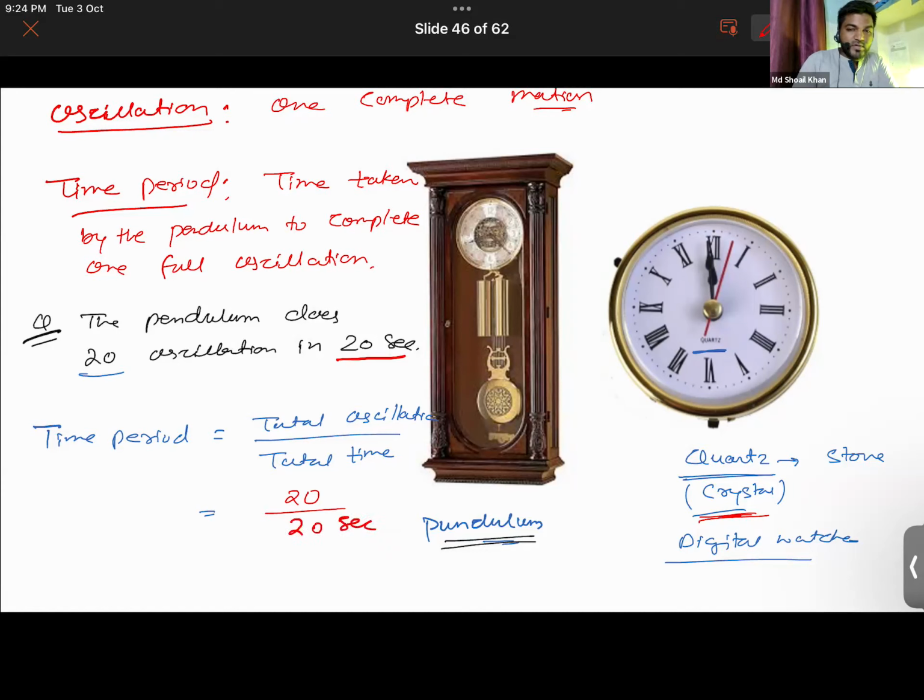So what would be the answer? 1 second is the time period of this. Getting it now? Okay.